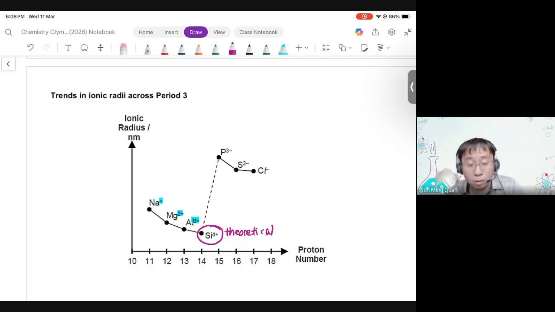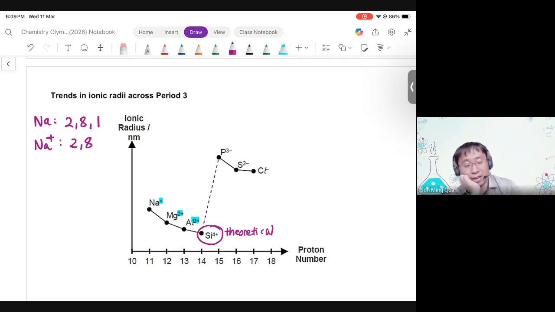I hope we know metals form positive ions. So Na plus, Mg2 plus, Al3 plus. Yep. So let's be very careful. Okay. Na is 281. Na plus is 28. Okay.